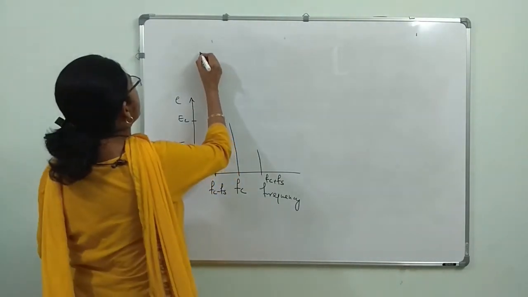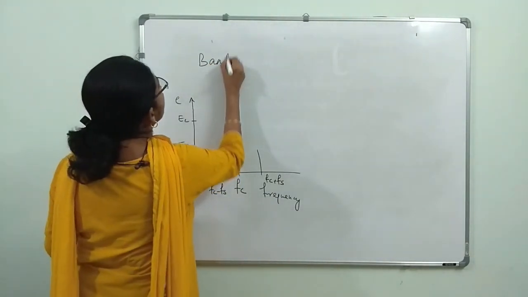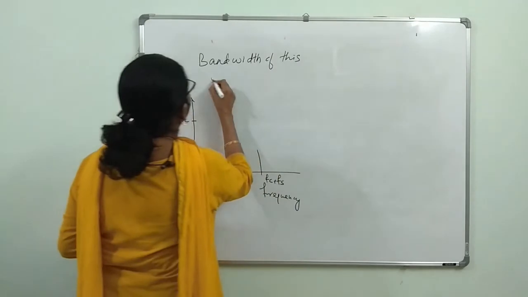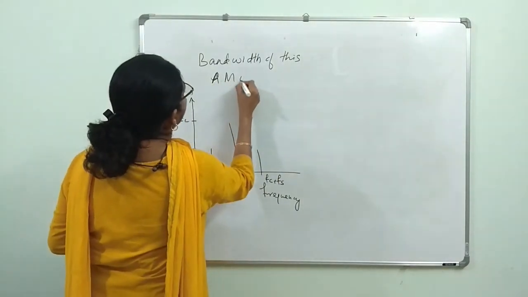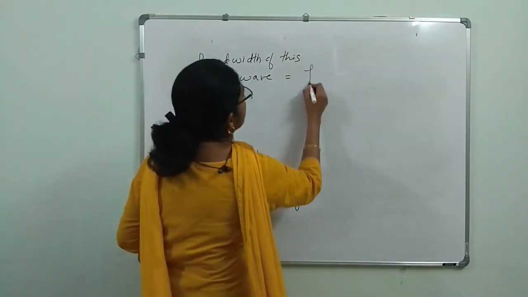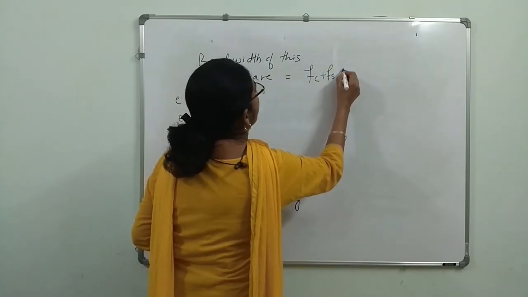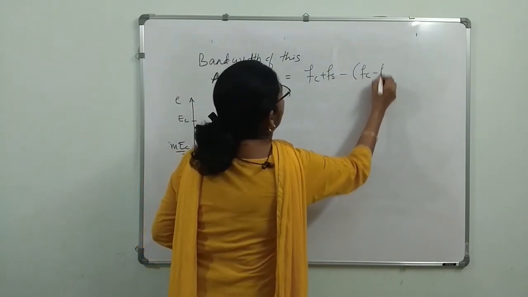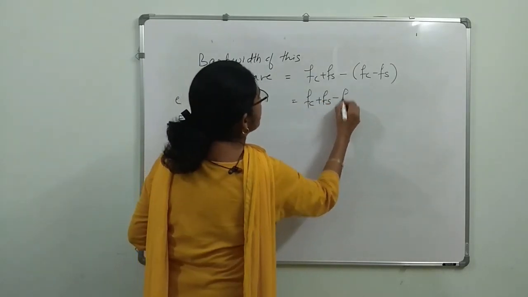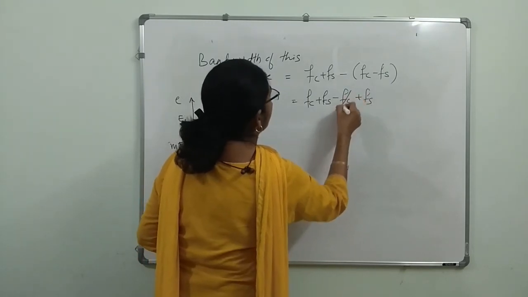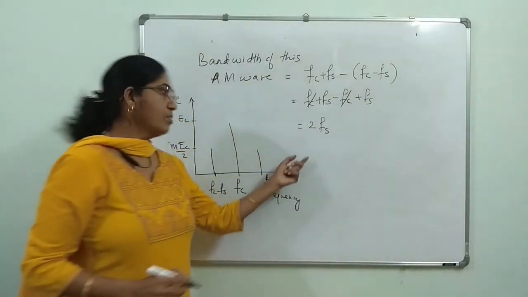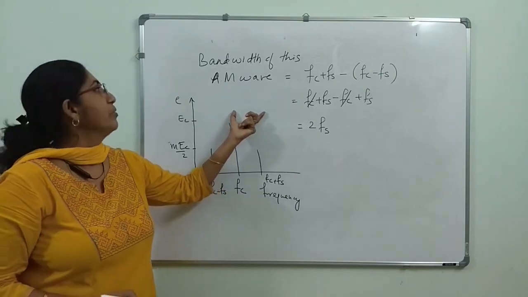The bandwidth of this amplitude modulated wave is equal to this frequency minus this frequency, that is (fc plus fs) minus (fc minus fs), which is equal to fc plus fs minus fc plus fs. This is equal to 2fs. So 2fs is the bandwidth of the amplitude modulated wave.